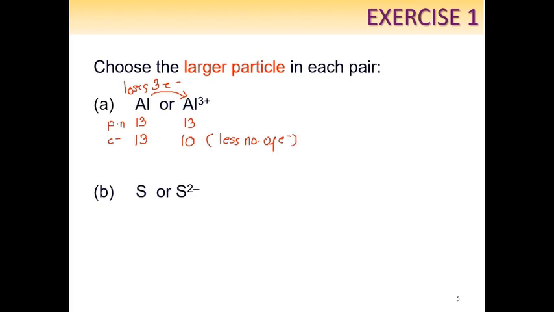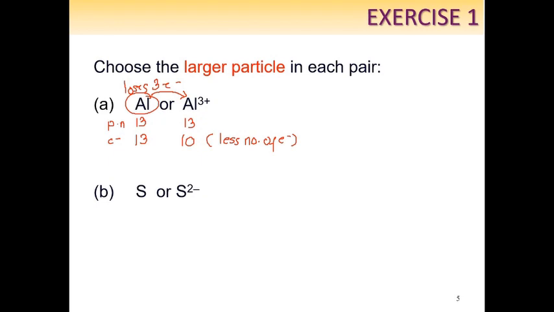So the attractive force felt by the remaining electrons is stronger. The electron cloud comes closer towards the nucleus and shrinks. So aluminium 3+ will have a smaller size. The question asks you to choose the larger particle, so the larger particle will be aluminium. That is the answer.